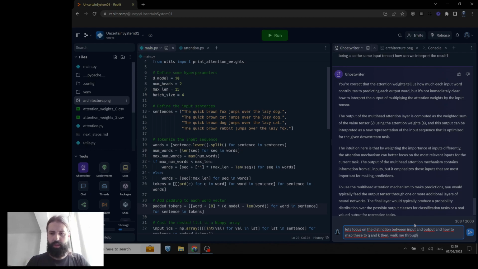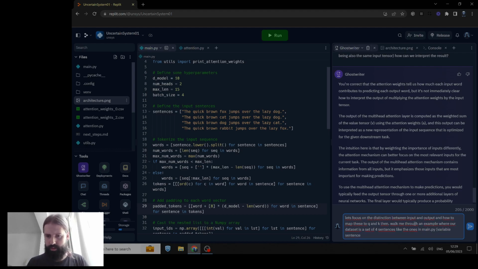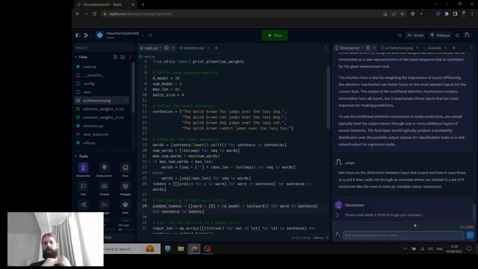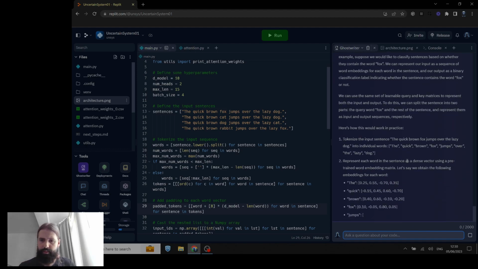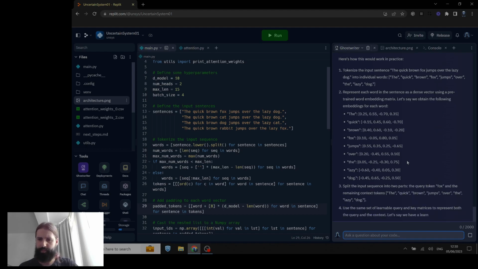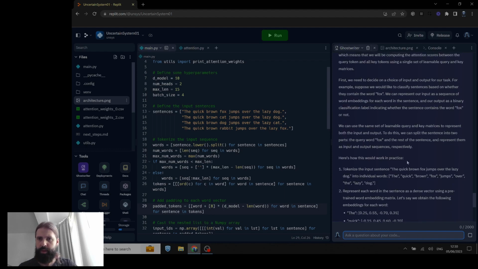Walk me through an example where our data set is a set of 4 sentences. Okay, so let's start reading.